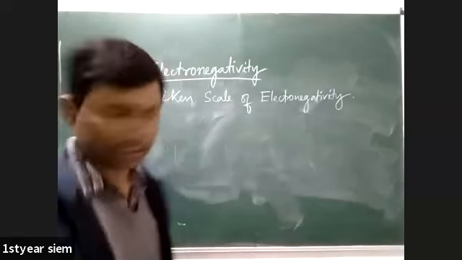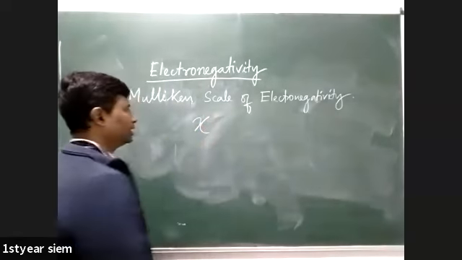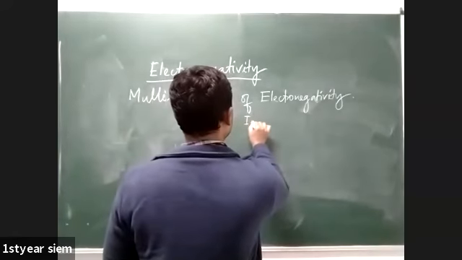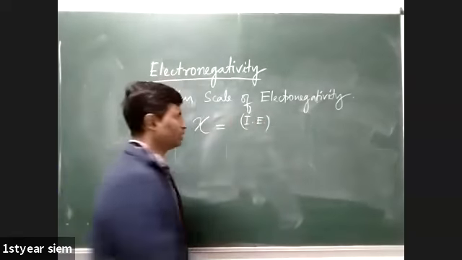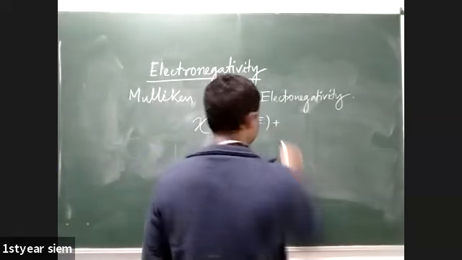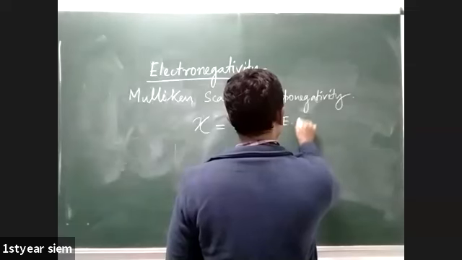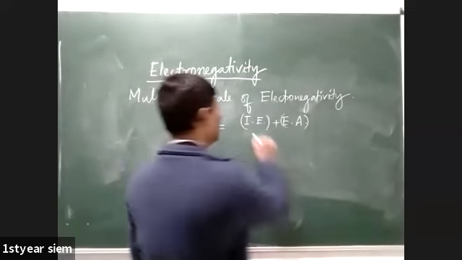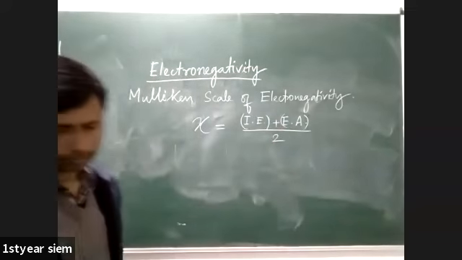So electronegativity equals the ionization energy of the atom plus the electron affinity of the same atom, divided by 2.